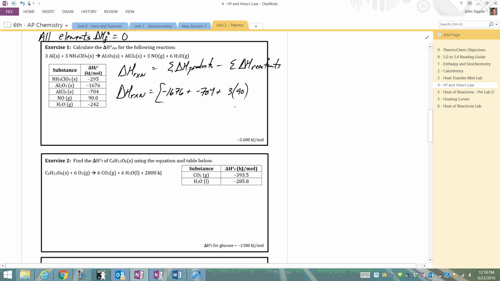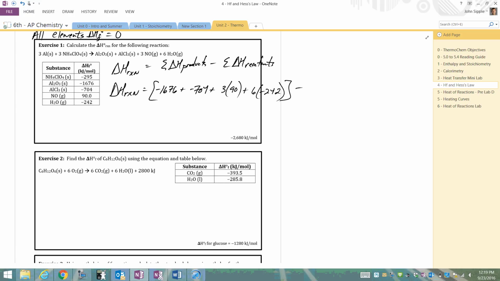Where did the 3 come from? The balanced equation, because we've got 3 of them in there. We need to multiply the delta H of that particular compound by 3. And then for water, it's 6 times negative 42. We got that minus our reactants. Aluminum is 0, so I'm just going to put it in there. And then the ammonium perchlorate is 3 times negative 295.